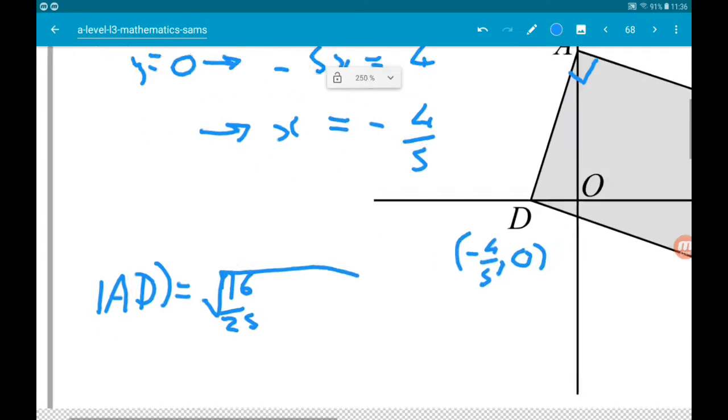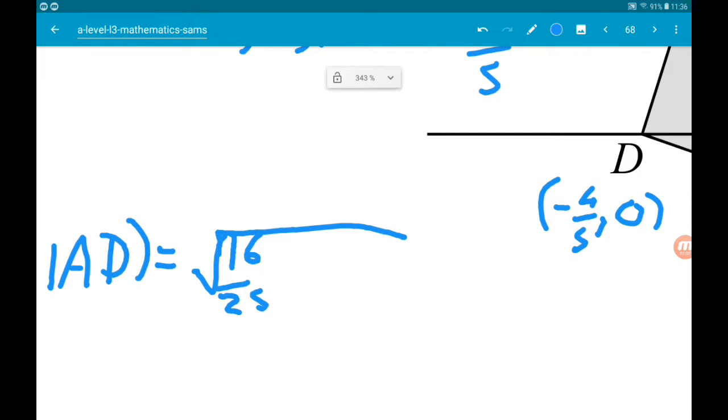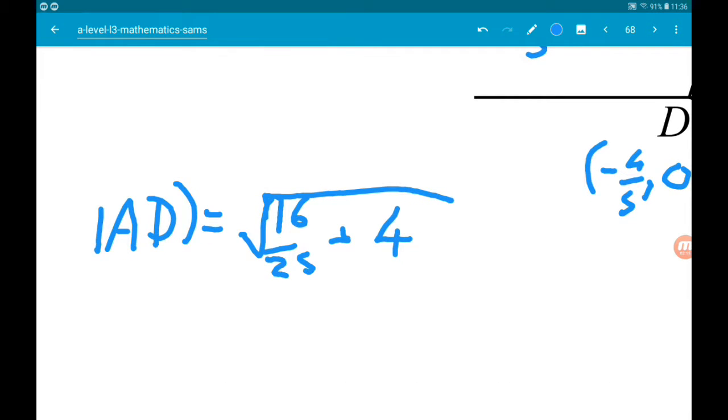So that's add 4. Now 4 is 100/25, so this is 116/25. The square root of 116/25.